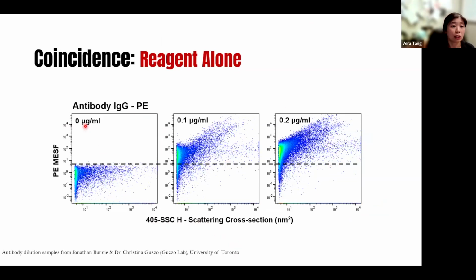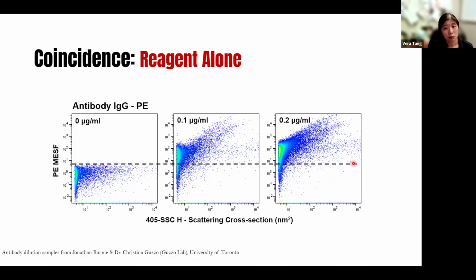In this example, I'm just looking at antibody IgG conjugated to PE. The left side panel is no antibody, just PBS. Then the next two panels are the antibody at 0.1 micrograms per mL and 0.2 micrograms per mL. I'm just running these as samples through my cytometer. You can see there's a lot of fluorescence detection just looking at that antibody.